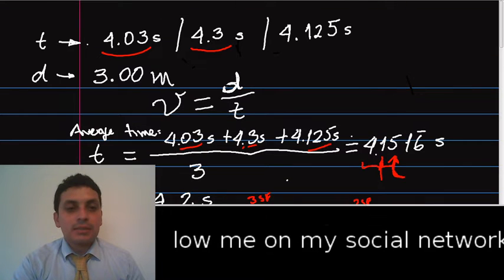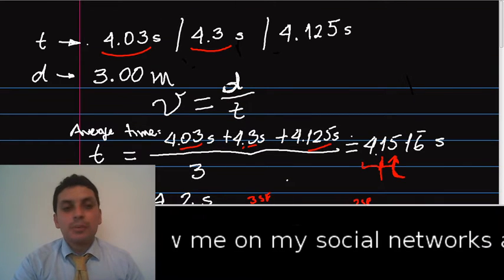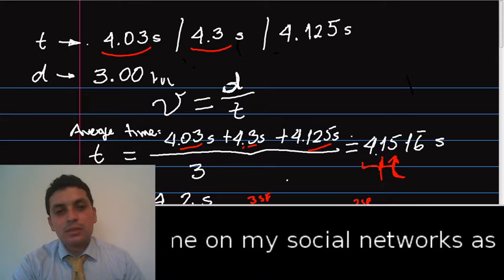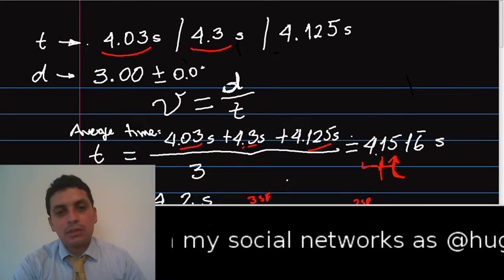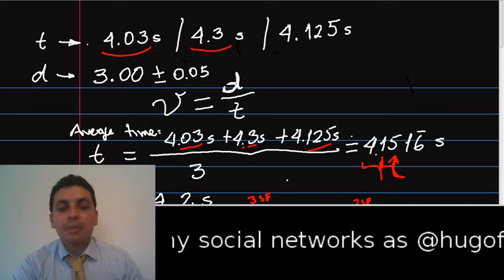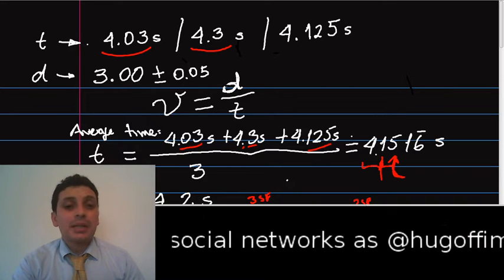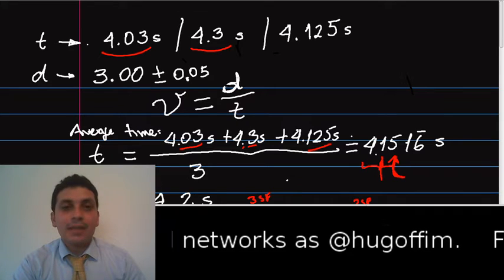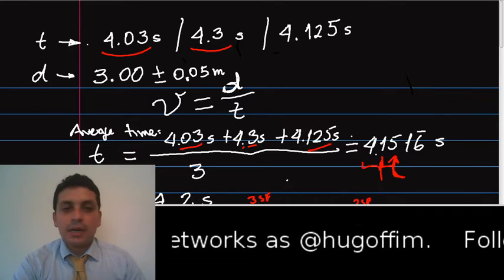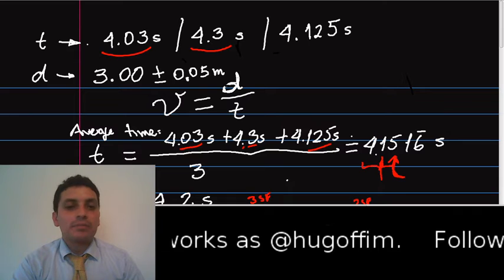Now for distance. For distance we don't have too much information, so we're just going to add the uncertainty. Let's say that it is 0.05. We have two decimal places, so we can assume that the uncertainty is on the hundredths place, and we're going to put 0.05.